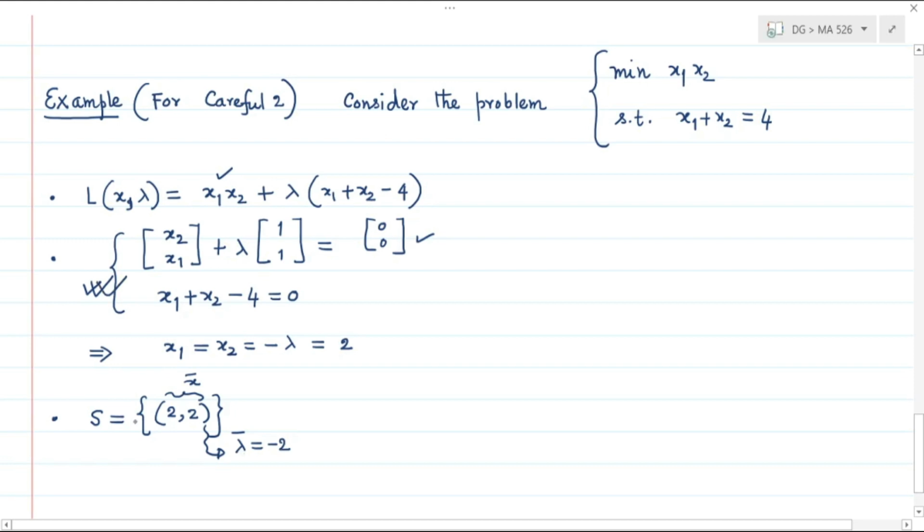And once you have a single point in the set S, obviously the Lagrange's multiplier rule declares that the point (2, 2) is a local minimum.